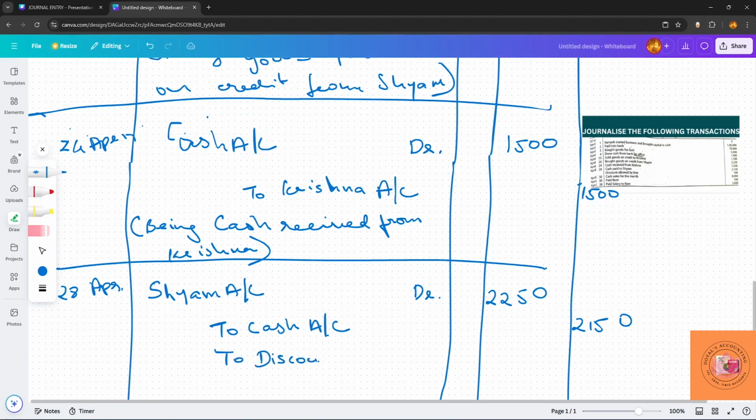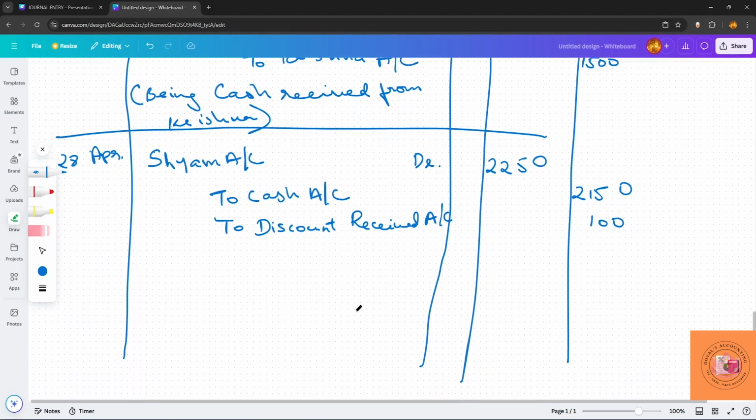So I will make an account called discount received and I will write rupees 100. So now both the sides are balanced 2250, 2250. Being discount allowed by Shyam on payment made to him.